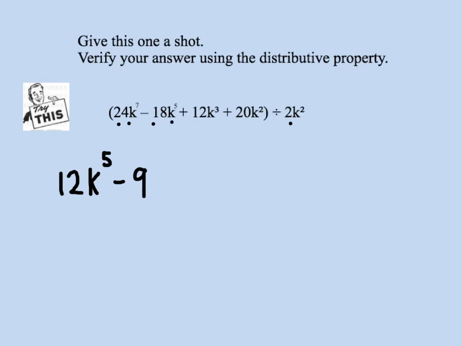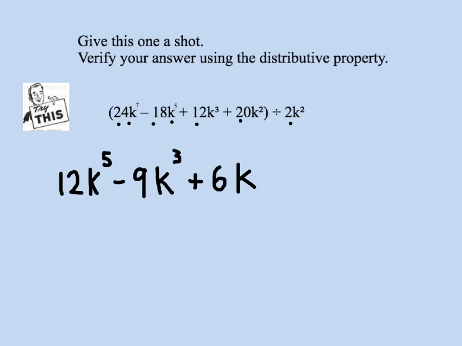K to the 5 divided by k squared should have given you k cubed, because remember, we're keeping our base the same, subtracting our exponents. Next term, 12 divided by 2 would have been a 6. K cubed divided by k squared would have been simply k.